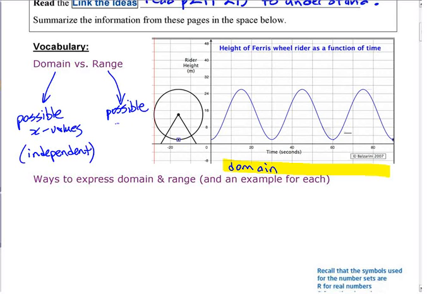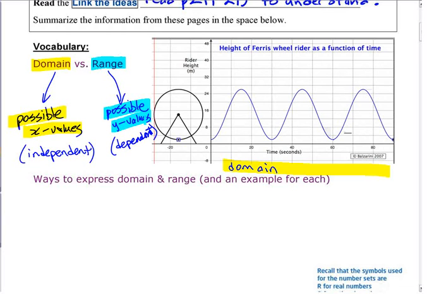If you're the kind of person that needs a way of remembering that, how might you remember it? People are going to remember the words domain and range, and that they have something to do with y and x.